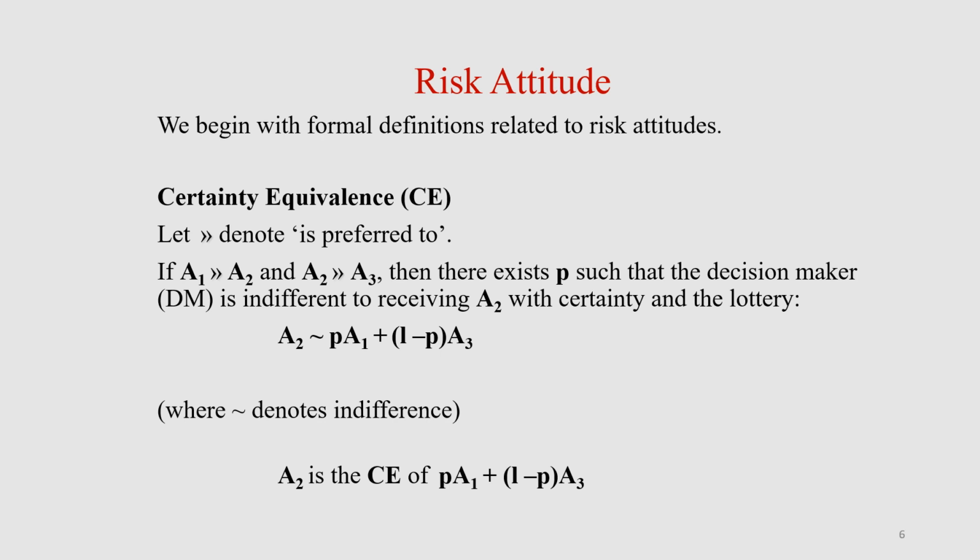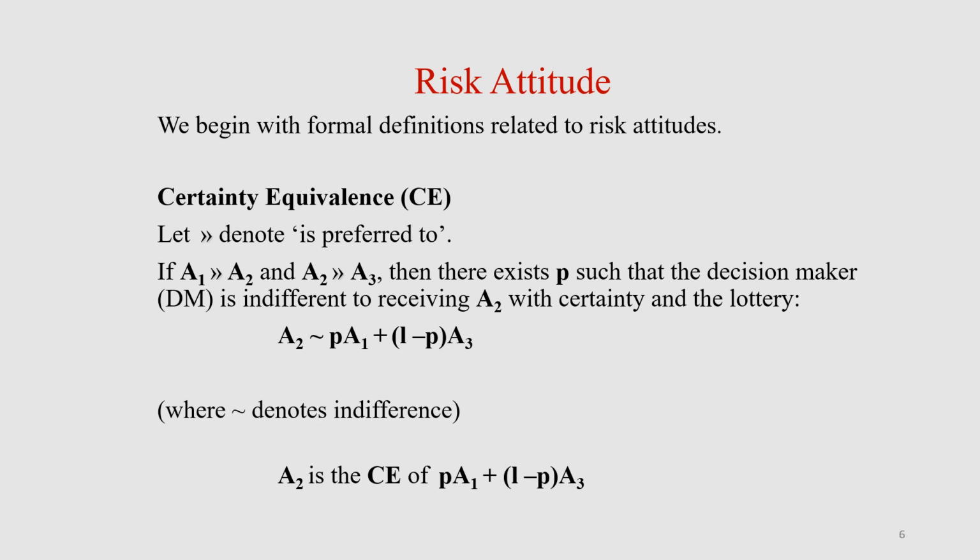Now, when it comes to risk attitude, here we get into some formal definitions. So we define certainty equivalence, CE, and we denote this double arrow as meaning is preferred to.